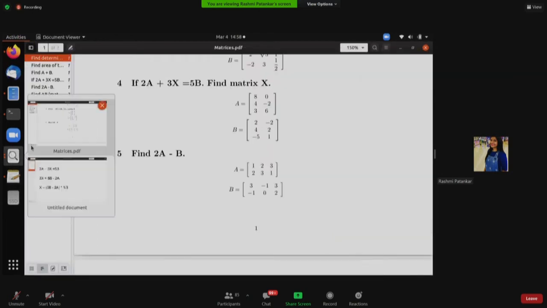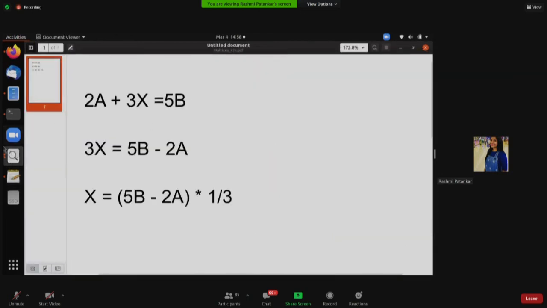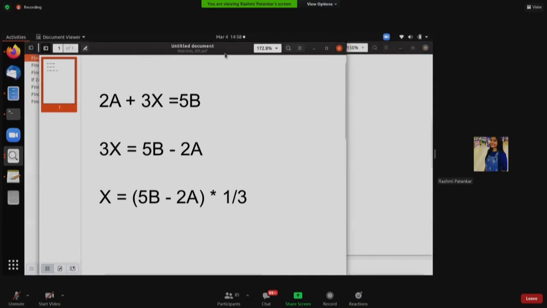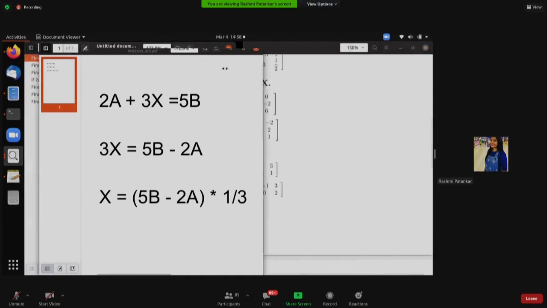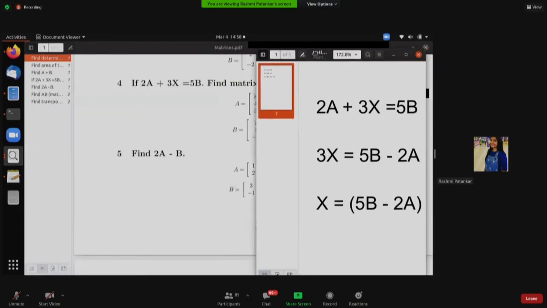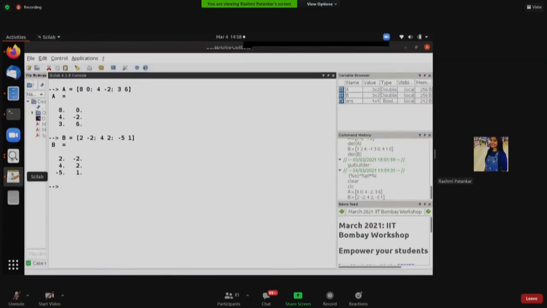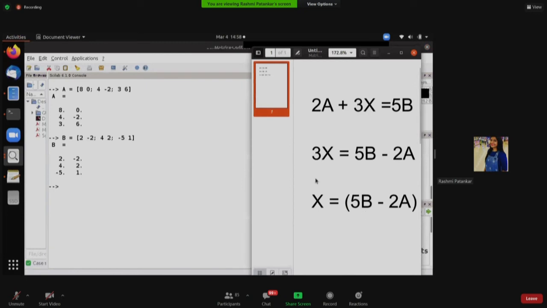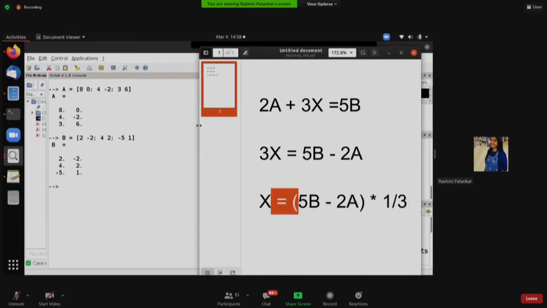Now what is our question? We have to calculate, and let me minimize this window so that we'll be able to see both the windows. This is my Scilab console. What we have to calculate is this equation, which I'll now write in the Scilab console. That is X is equal to 5B minus 2A, into 1 upon 3, right?